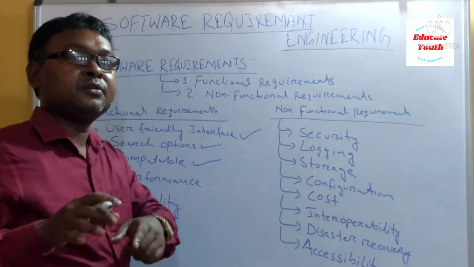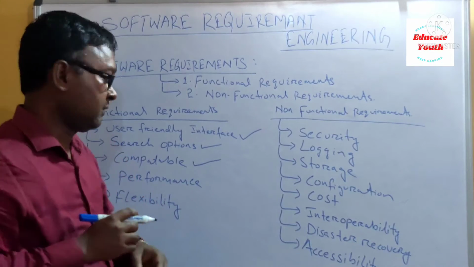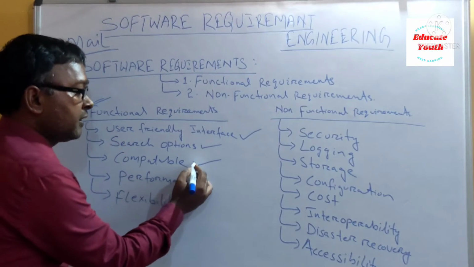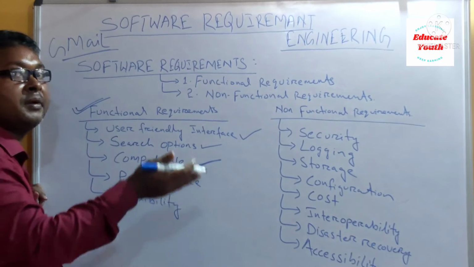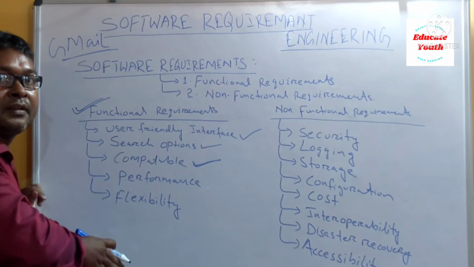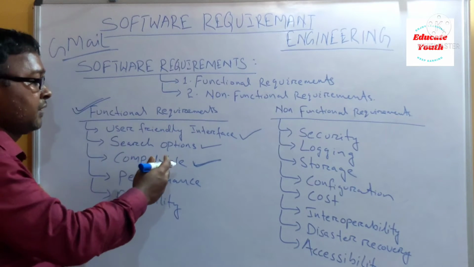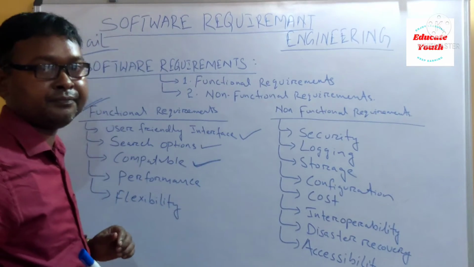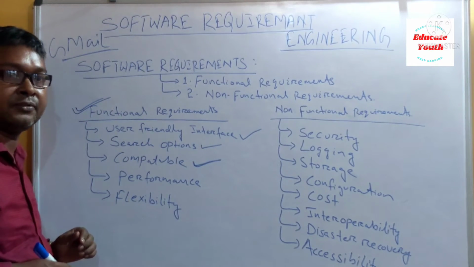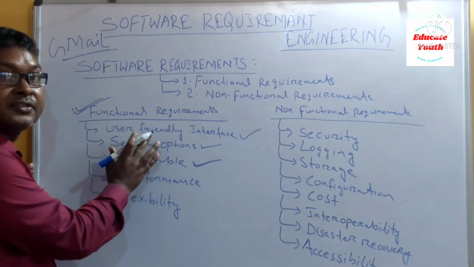If I am using the Windows version of the system, it should be compatible with that platform also. Your application should be compatible with the Apple Mac platform and the Windows platform. That compatibility should be there in your software.